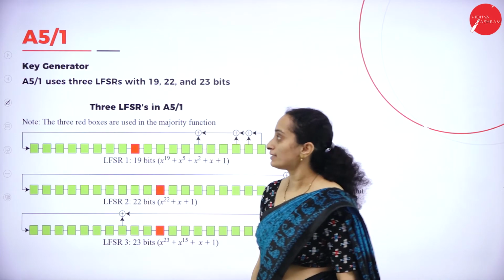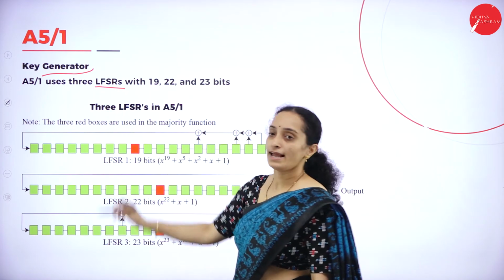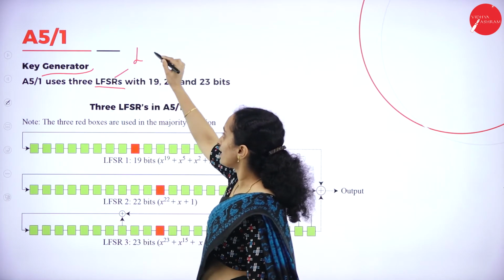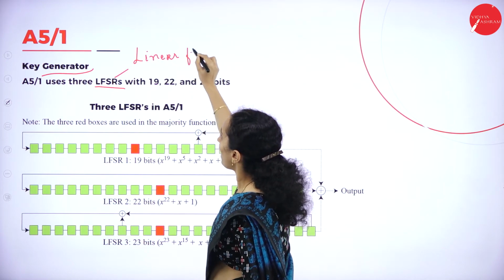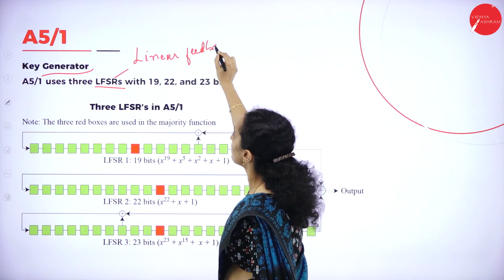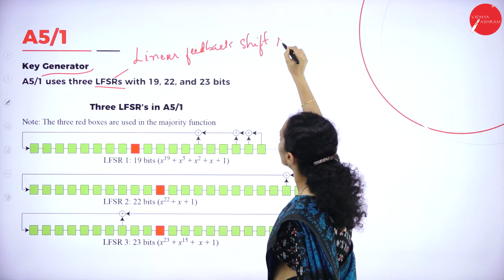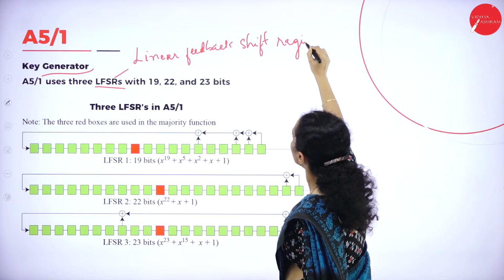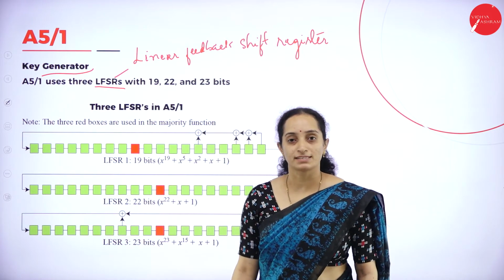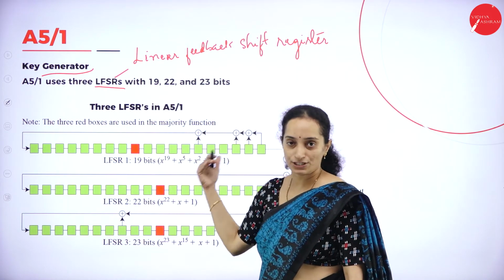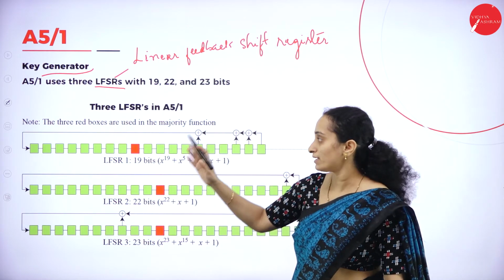How do you generate the key? It uses 3 LFSRs. LFSR stands for linear feedback shift register. A linear feedback shift register is a sequential shift register which takes the input from the previous one.